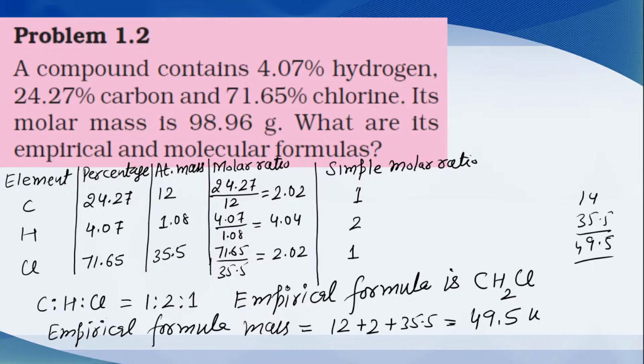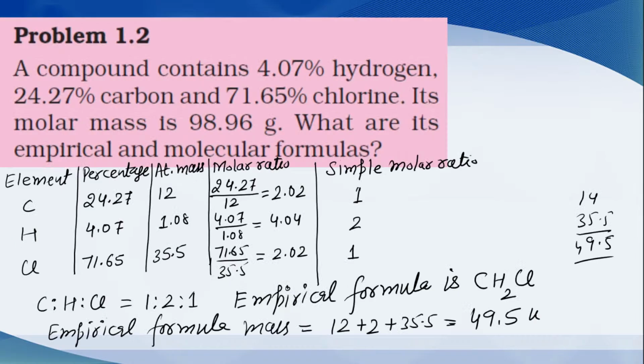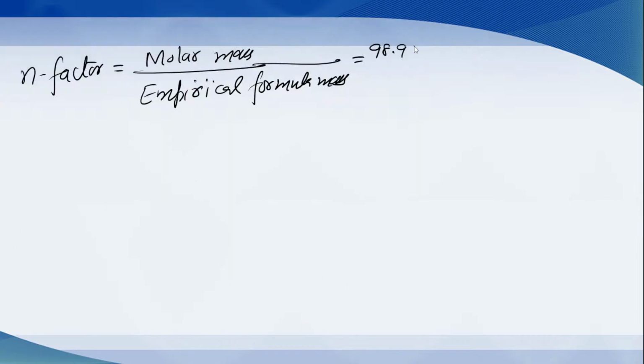So the n factor you can calculate using the molar mass and empirical formula mass. It comes out to be 98.96 divided by 49.5, so very close to 2.